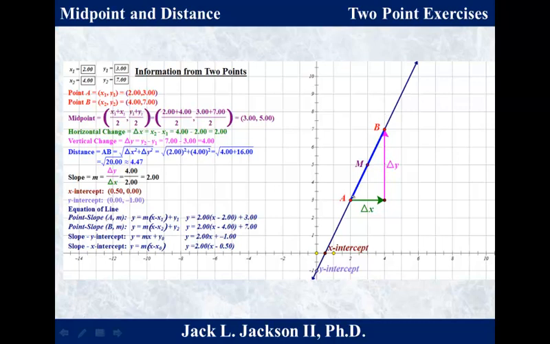The distance from A to B we do from the Pythagorean theorem. This side, delta x, is 2. This side is delta y, which is 4. So we do 2 squared plus 4 squared, and then square root that. So that's 4 plus 16 is 20, and then the square root of that is square root of 20, or 2 times square root of 5 if you reduce the radical, approximately 4.47.